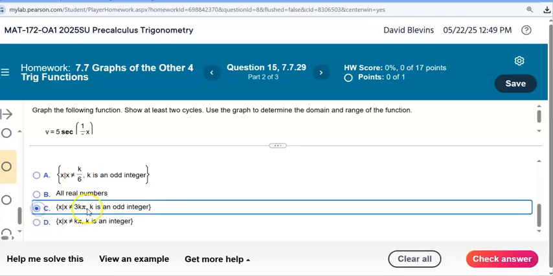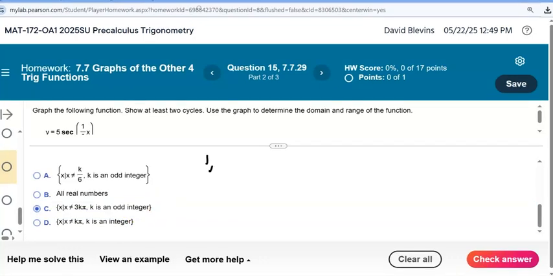It's going to end up being C, but I just want you to see an odd integer like 1, 3, 5. Those are odd integers. If we multiply, those are what k is. If we multiply k, these are the values of k, times 3 pi. So 3 pi times 1, that's 3 pi.